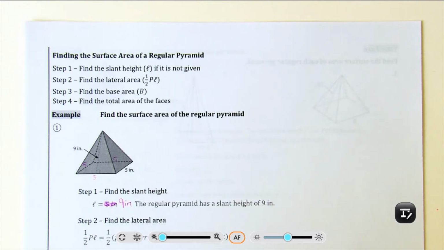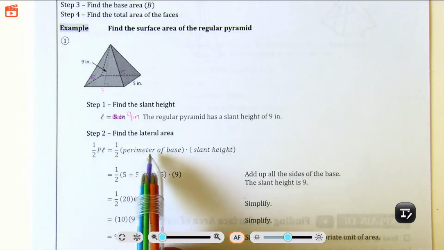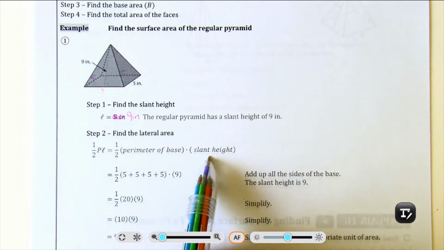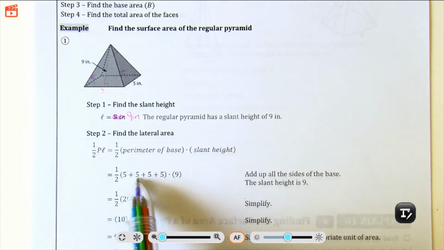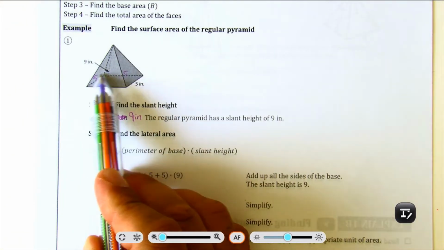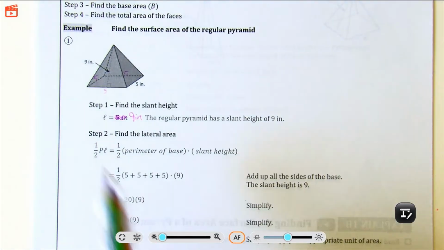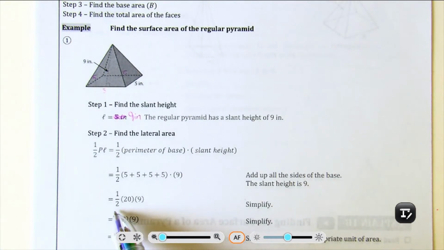Next, let's find the lateral area. So we're going to use this formula, 1/2 times the perimeter of the base times the slant height. That is why we have 5 plus 5 plus 5 plus 5, because the base has 4 sides of 5, times 9, which is the slant height, and then 1/2, which ends up being 90.